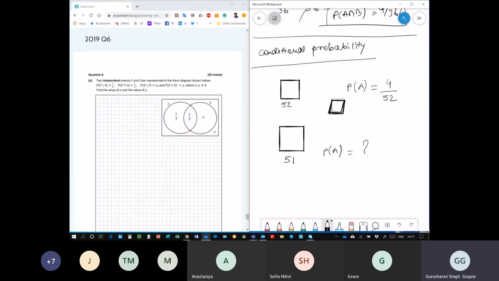What would be the probability of getting an ace in the second attempt? Is it 3/51? 3/51. Okay, let me see.